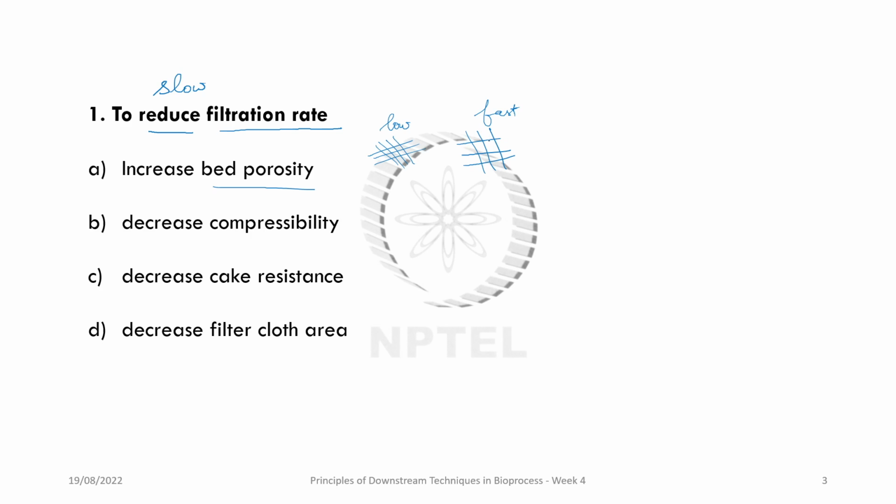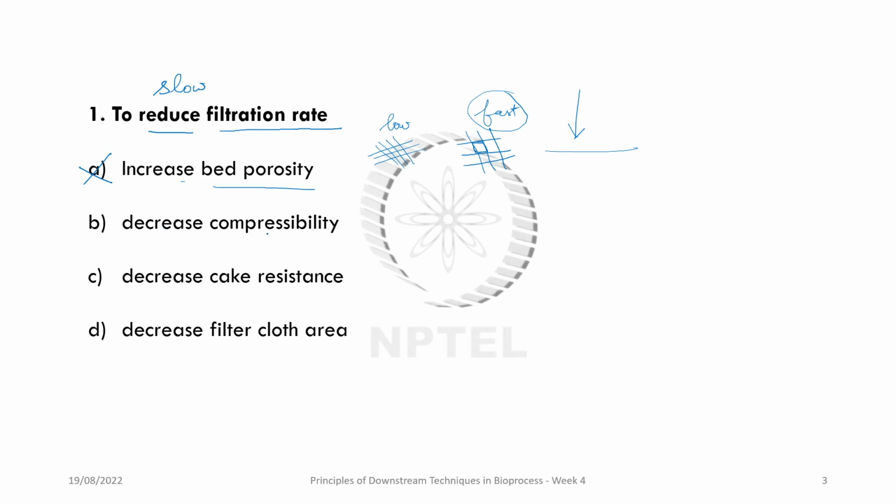Whether it actually filters the way you want is another aspect, but the rate of filtrate falling through the filter medium is going to be fast. So if you increase the porosity, or in other words the sieve size, filtration is going to be faster, right? So that is wrong.